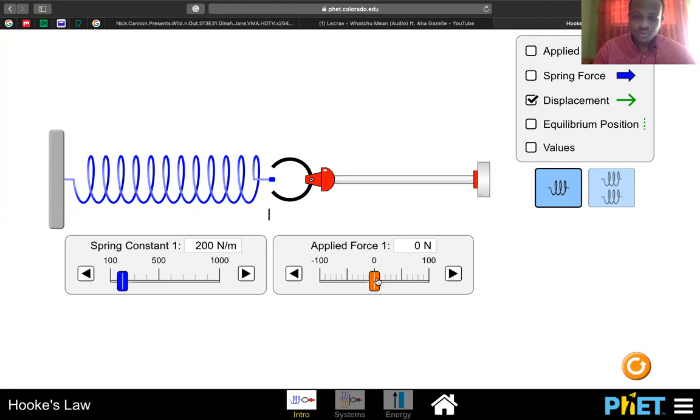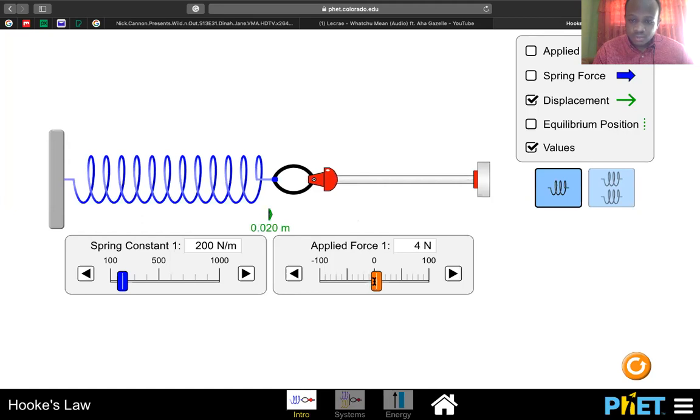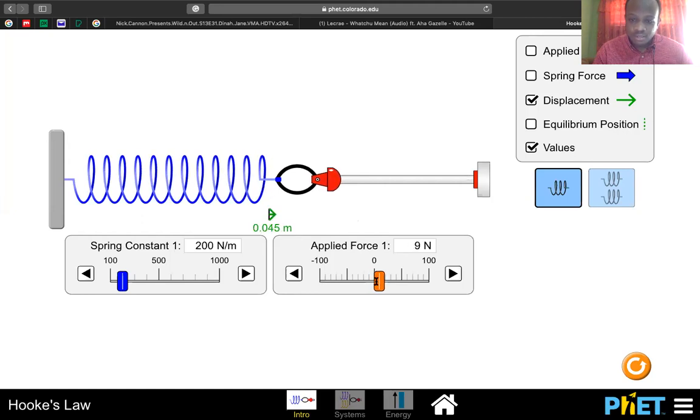When we start to apply a force, the handle starts to hold on the spring. At zero, the applied force is zero, and our original position is zero. Say we move this to 5 or 10 newtons. Let's move it to 10 newtons.